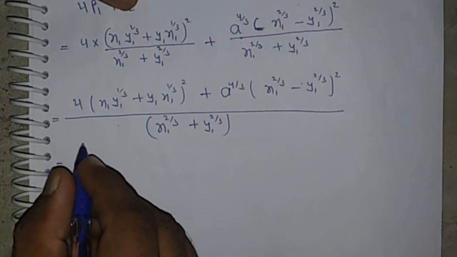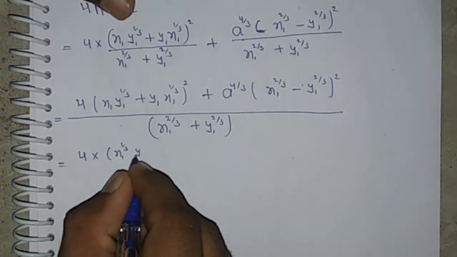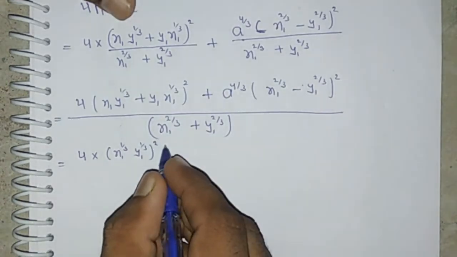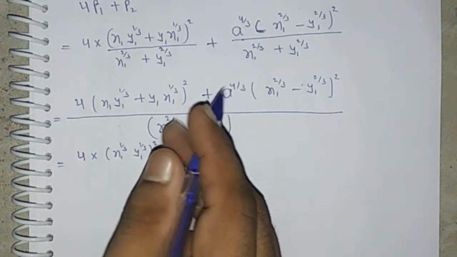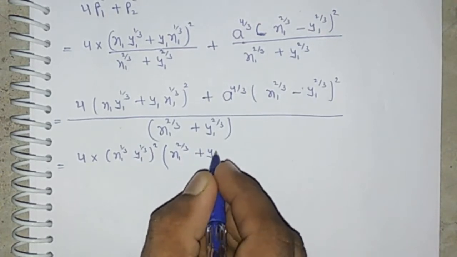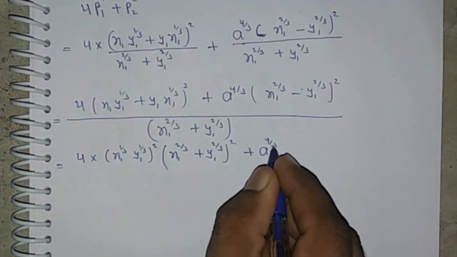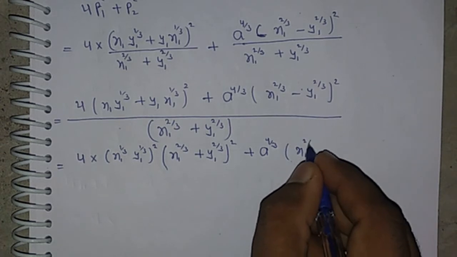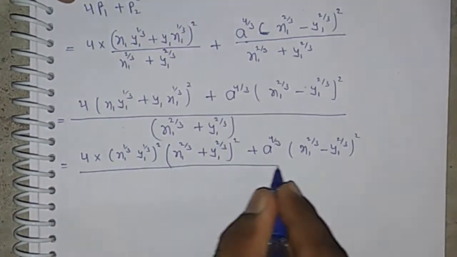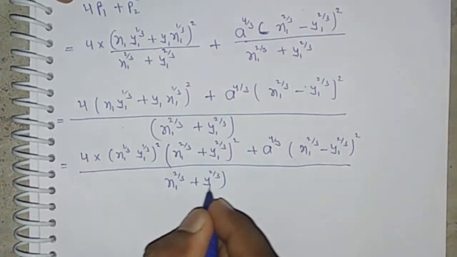We have 4 into x1 to the power 1/3 y1 to the power 1/3 whole square, and the value inside the bracket remains x1 to the power 2/3 plus y1 to the power 2/3 square, plus a to the power 4/3 times x1 to the power 2/3 minus y1 to the power 2/3 square, by x1 to the power 2/3 plus y1 to the power 2/3.